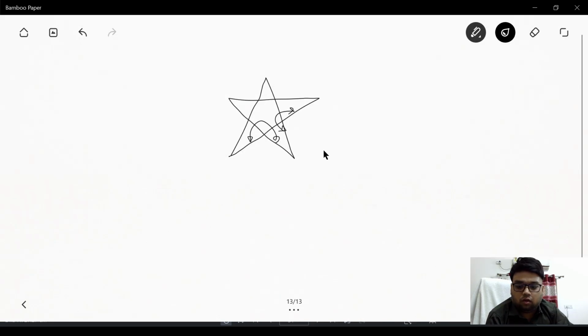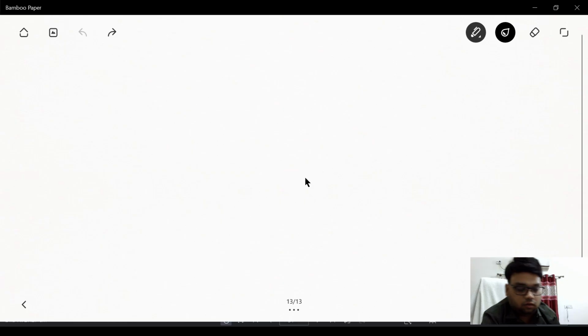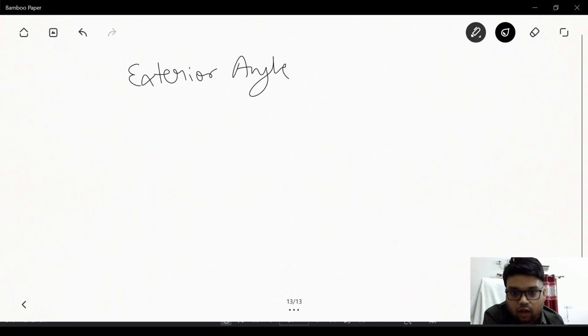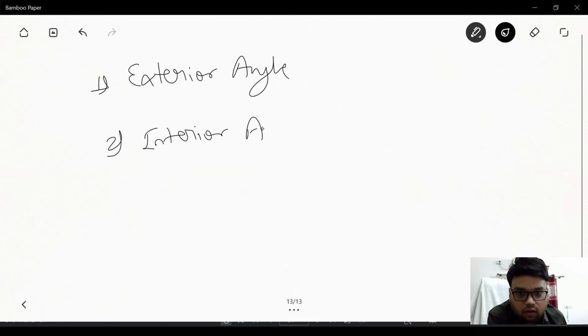Here we have two terminologies, exterior angle and interior angle.